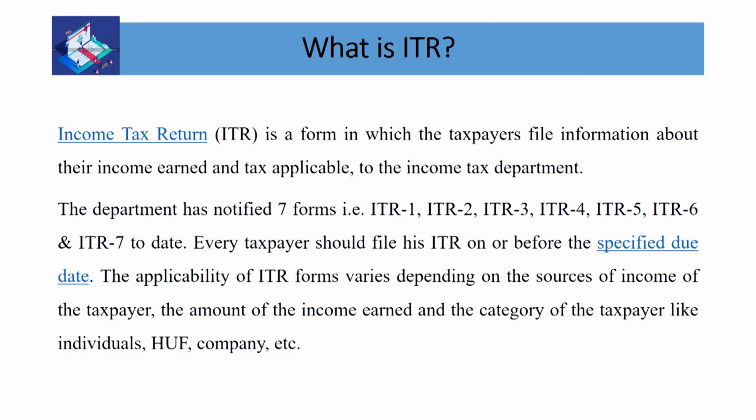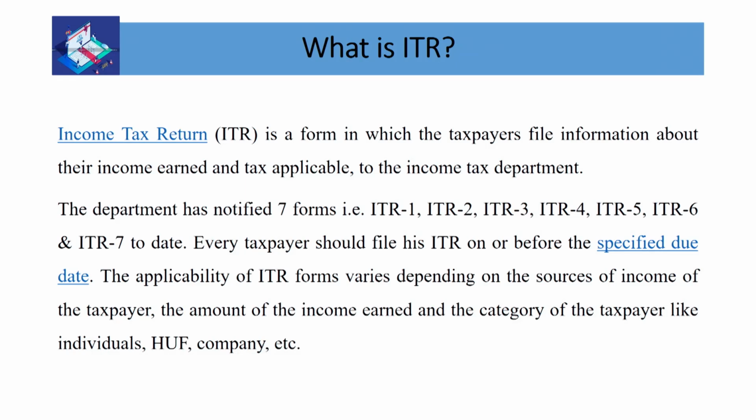Generally, for an individual taxpayer, the date will be 31st July. In the case of an audited firm, generally it will be 31st October.